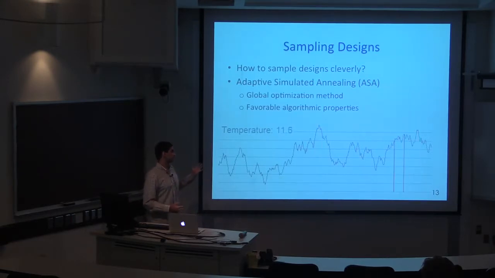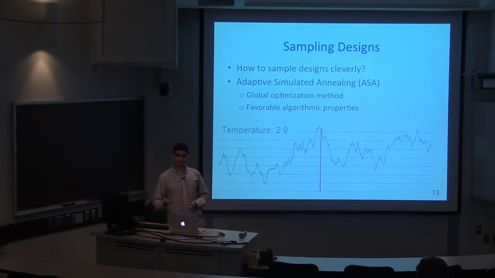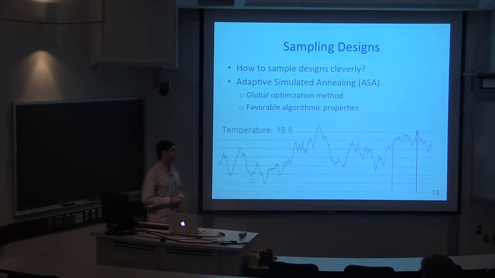The ASA algorithm starts with a high temperature at first, and that allows the algorithm to sufficiently explore the design space in this case. And then finally, as the temperature is decreased, the algorithm converges to a globally optimal value. In that case, that global max over there.